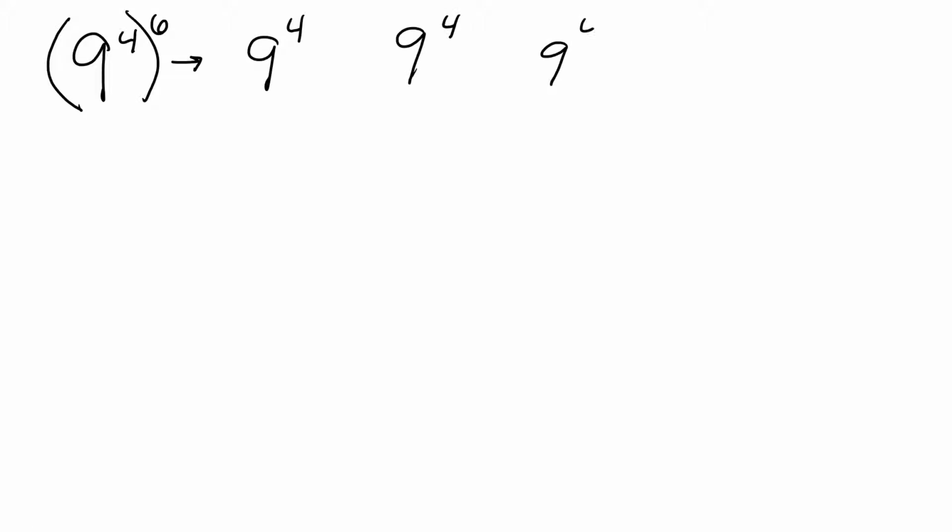Number 6, we're going to do 9 to the 4th raised to the 6th power. Since the outside exponent is a 6, we have to write 9 to the 4th 6 times. Now that the exponent is just a 4, we can go ahead and write 9 4 times.